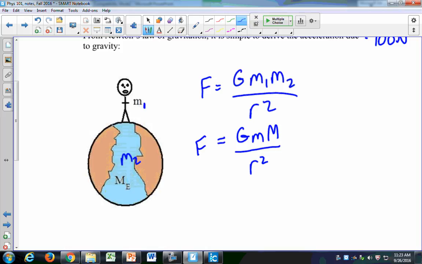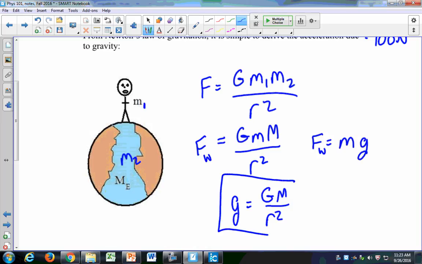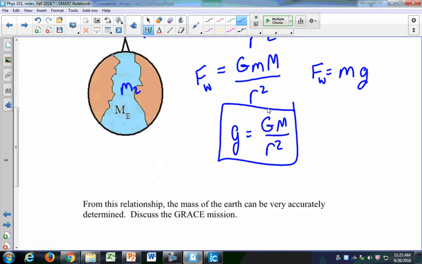Now I also know that F is equal to m times g, this force weight. So I can set these two equal to one another, and I get an expression for g, which is dependent only on the mass of the Earth and the radius of the Earth. So this is another expression for the acceleration due to gravity, based on the mass and the radius of the Earth. This is pretty powerful.